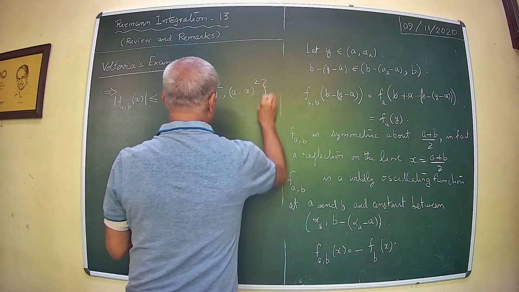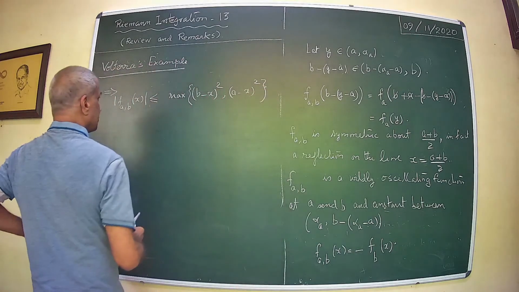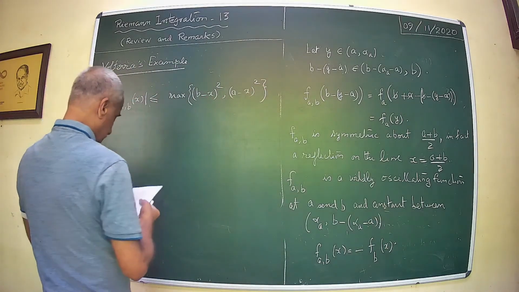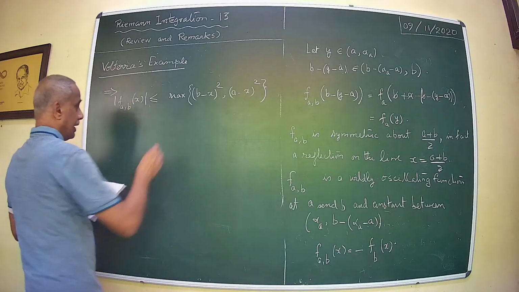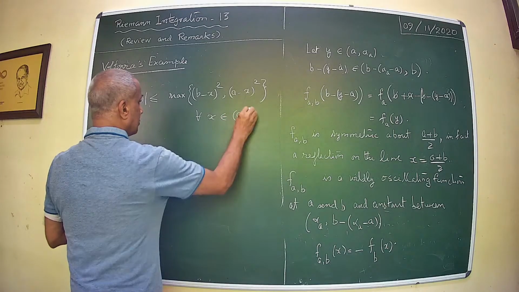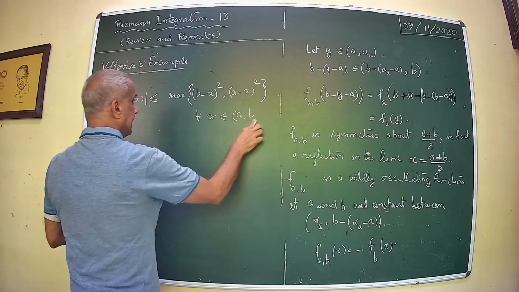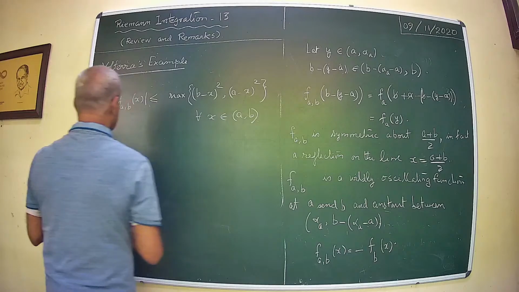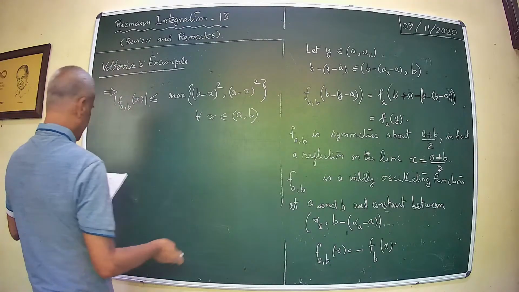So it depends on where you choose the point x. Okay. For every x, at the endpoints a and b, this function is 0. Okay. So let's see.